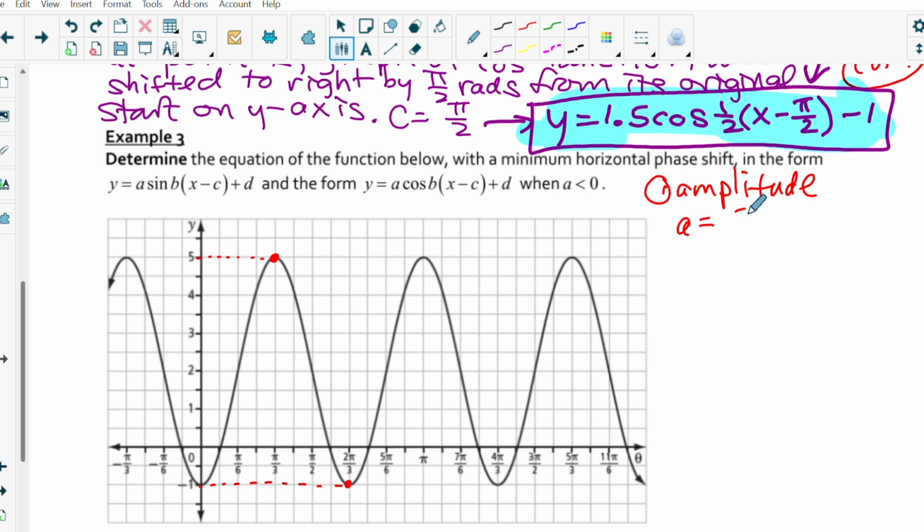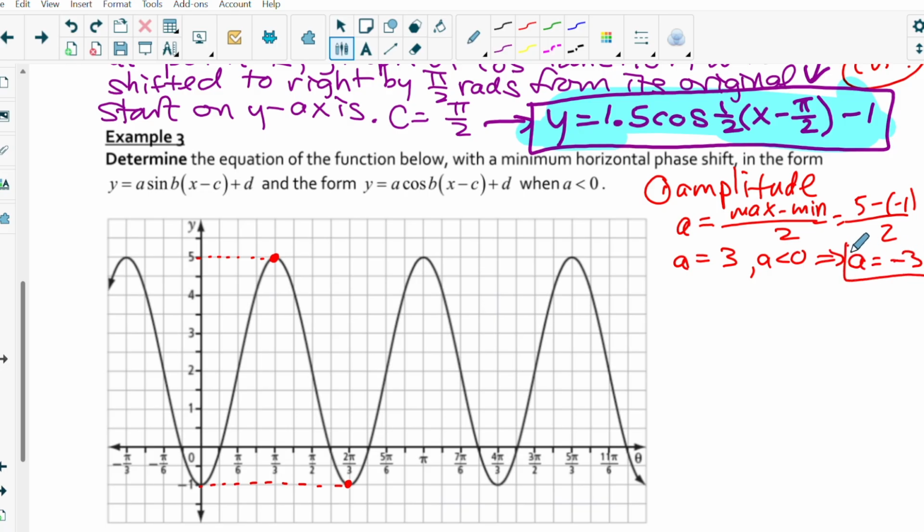So 5 minus -1 divided by 2. So my a value is 3. But since a is less than 0, a is equal to -3. Okay, so there's our first value. A is -3.